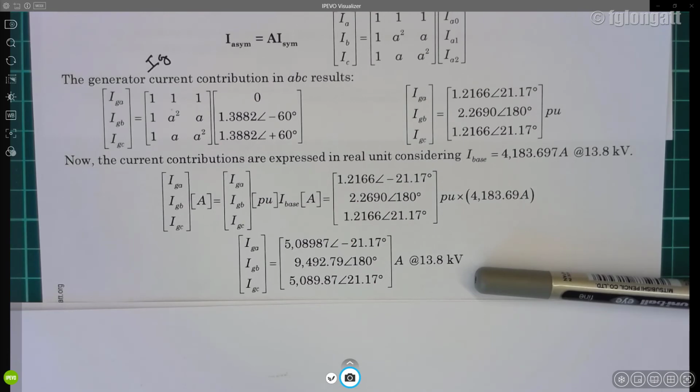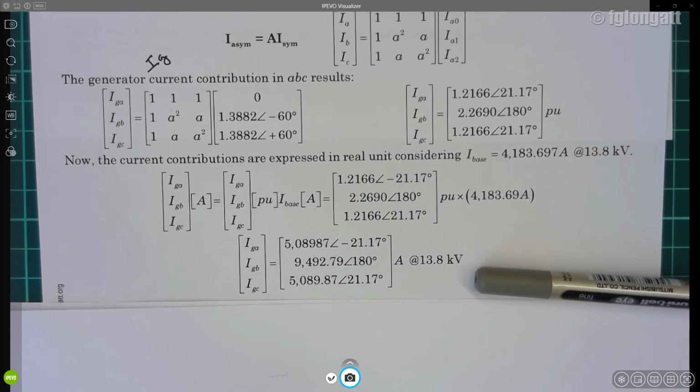But now the question is, what happens if we compare those results with the example that we used before, example 3.5?